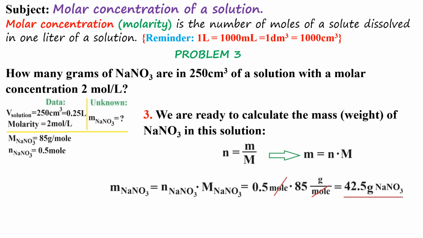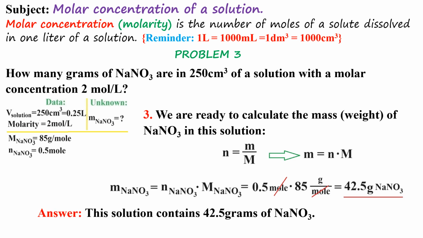In our case, weight of sodium nitrate equals 0.5 mole multiplied by 85 grams per mole. We can see that the moles cancel out here and we get the result in grams. So now we have the answer to our problem. This solution contains 42.5 grams of sodium nitrate.